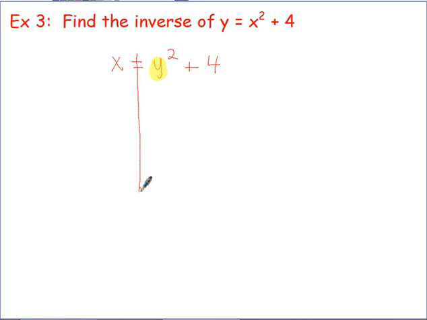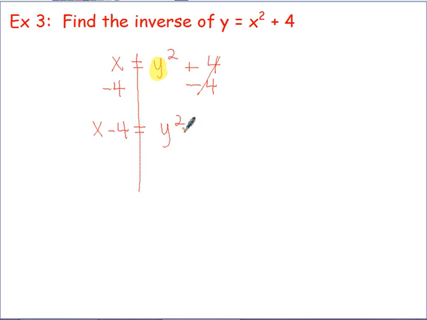Put up our fins. What's the first number we have to move? Well, that would be the 4. I'm going to subtract 4 from both sides. Can't do anything here, so I'm just going to write it as x minus 4 equals y squared. So that's the part that shouldn't be too bad. Here's the problem. We need to get rid of a square.